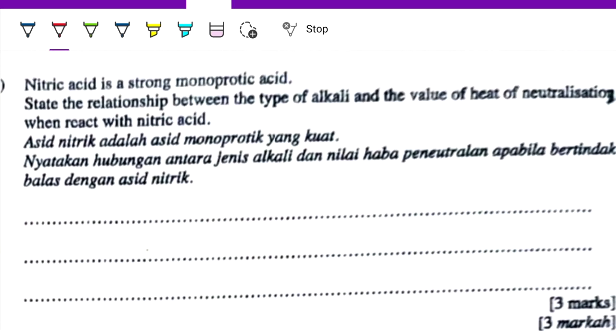Now nitric acid is a strong monoprotic acid. State the relationship between the type of alkali and the value of heat of neutralization when reacting with nitric acid.